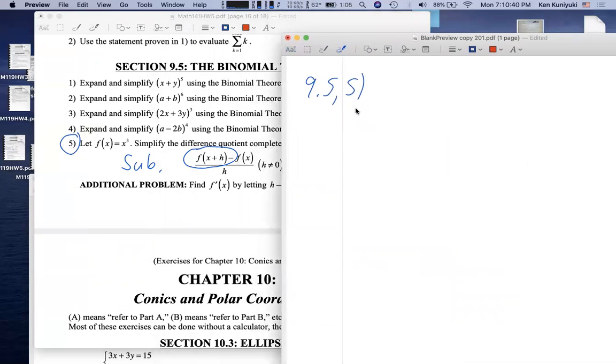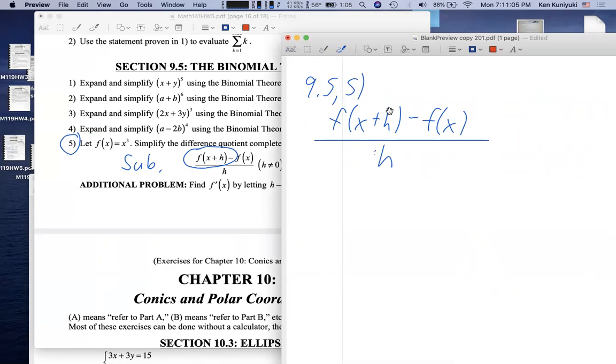All right. So f of x plus h minus f of x all over h. Okay. So we're going to have to simplify this difference quotient.